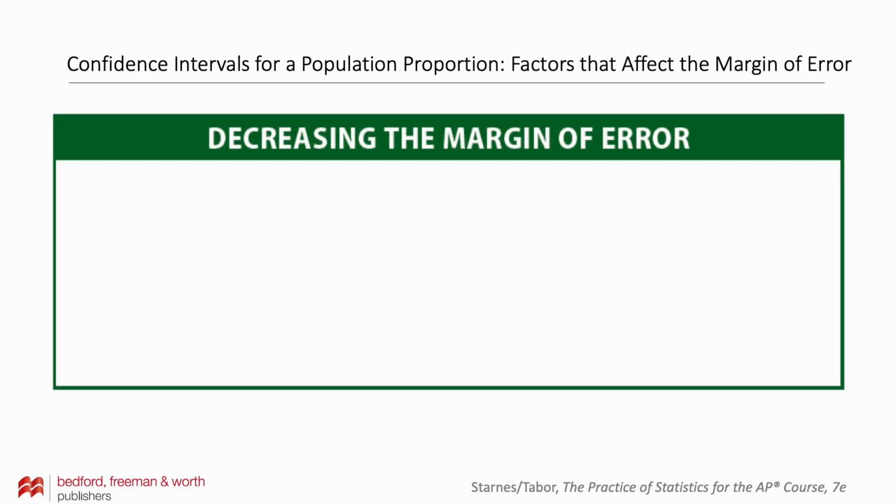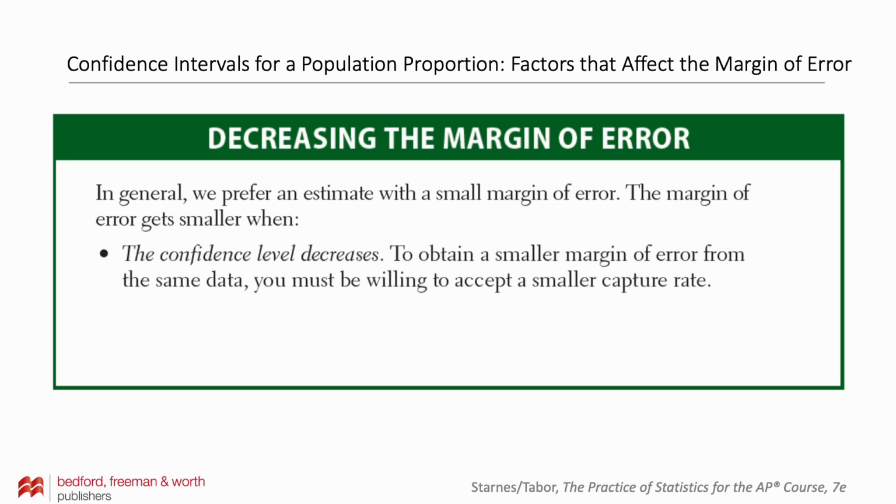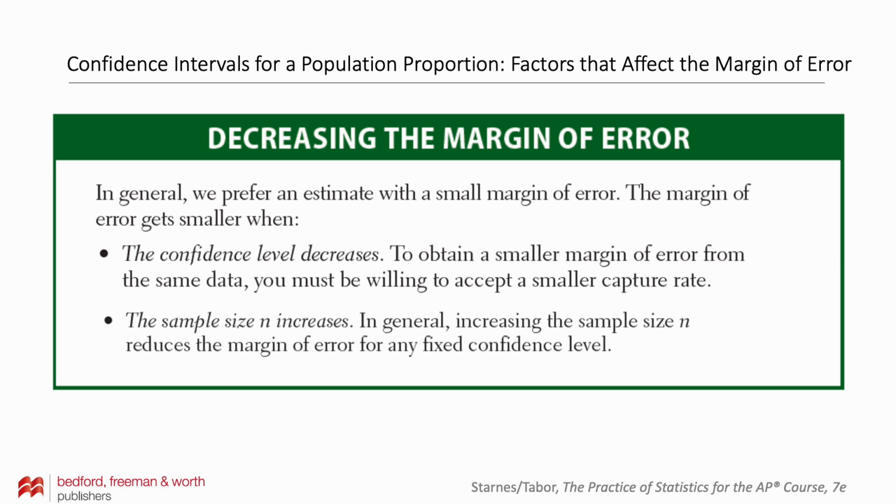Looking at the margin of error and what factors affect it, in general, we prefer an estimate with a small margin of error. The margin of error gets smaller when the confidence level decreases. To obtain a smaller margin of error, we must be willing to accept a smaller capture rate. And as the sample size n increases, the margin of error is reduced for any fixed confidence level.